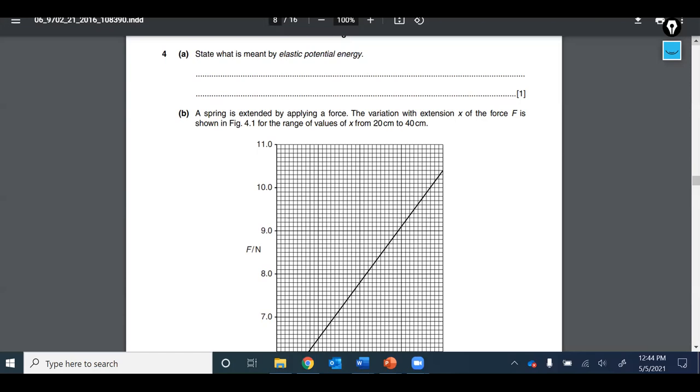If we start by thinking about potential energy in general, potential energy is energy due to position in a gravity field or the shape of something. Elastic potential energy has to do with the shape of an object, where we're storing energy inside of the object due to some change in its shape.